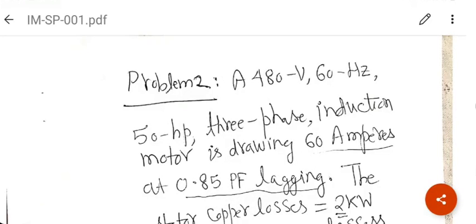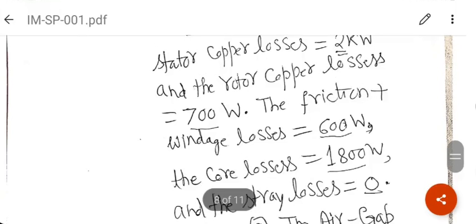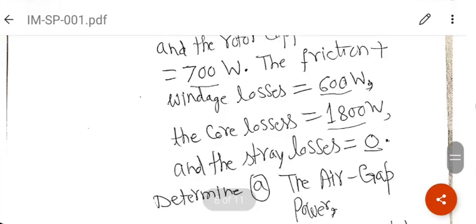The stator copper loss is 2 kilowatt, rotor copper loss is 700 watt, friction and windage taken together is 600 watt, core losses in the stator are 1800 watt, and stray losses, anything else, is 0.